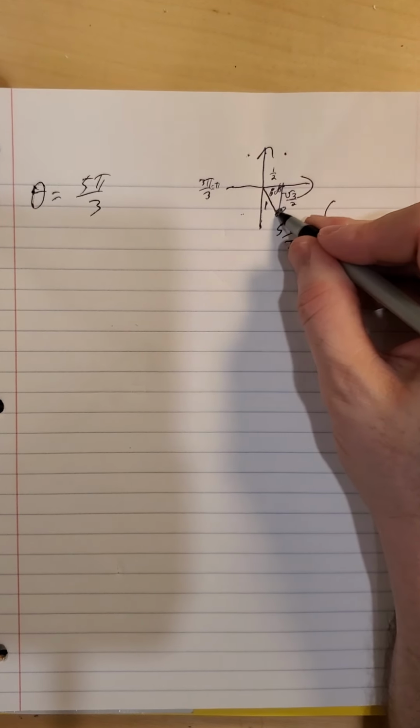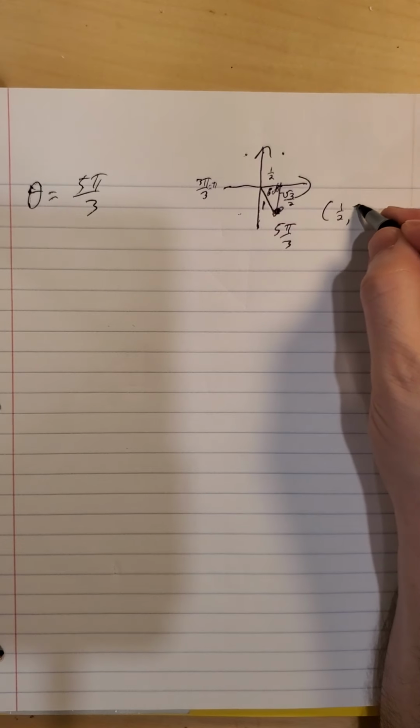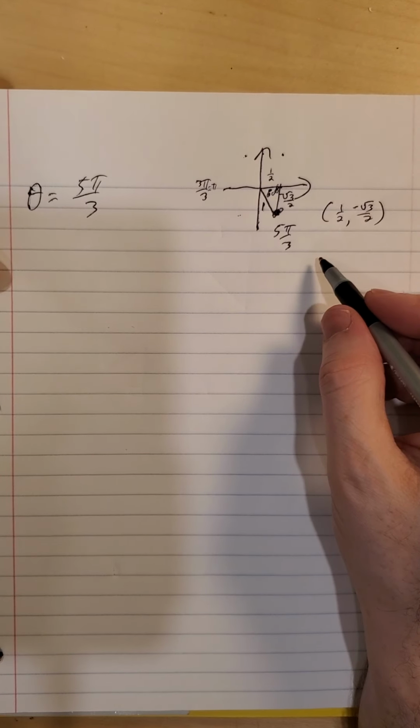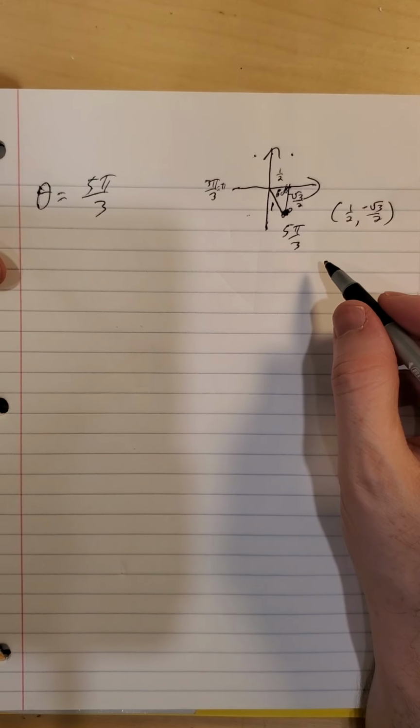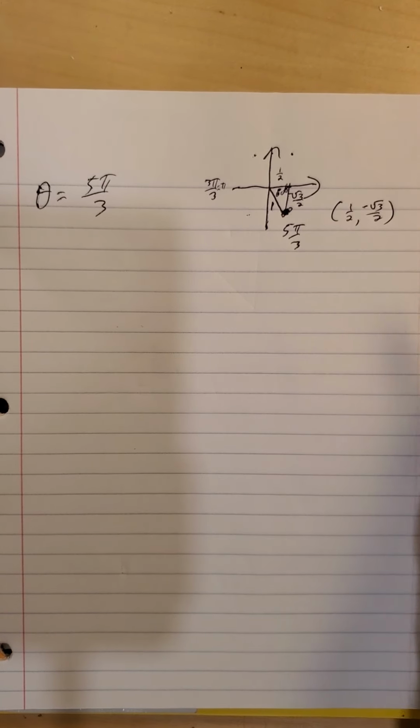So the xy coordinates of that point on the unit circle are 1/2, negative root 3 over 2, and that's all we need to make our 6 functions. In fact, why don't you pause the video again, see if you can make the 6 functions.